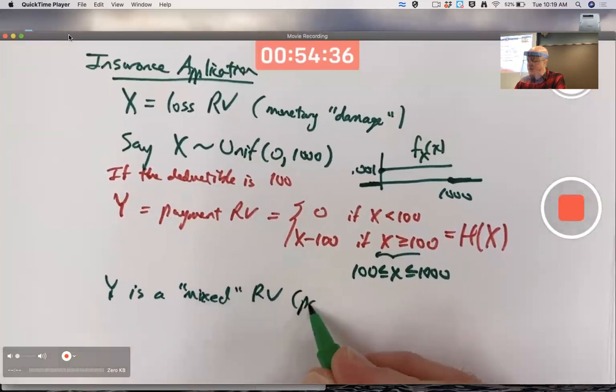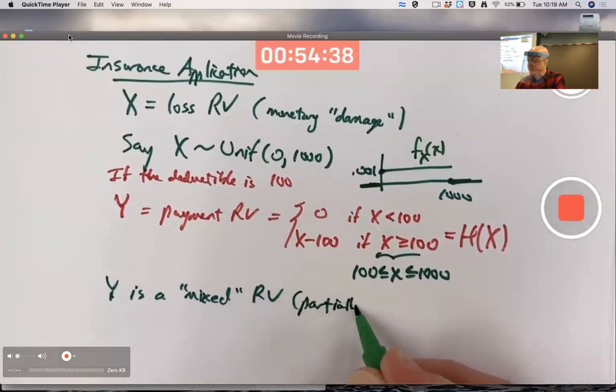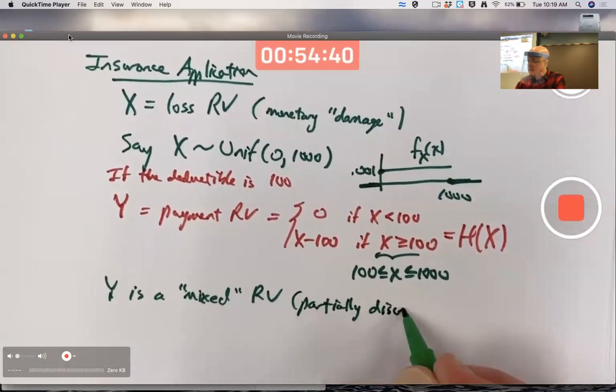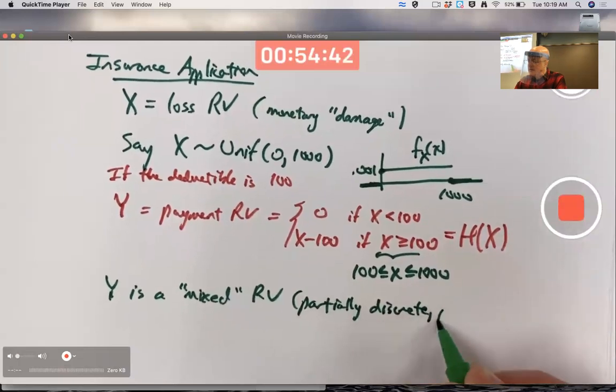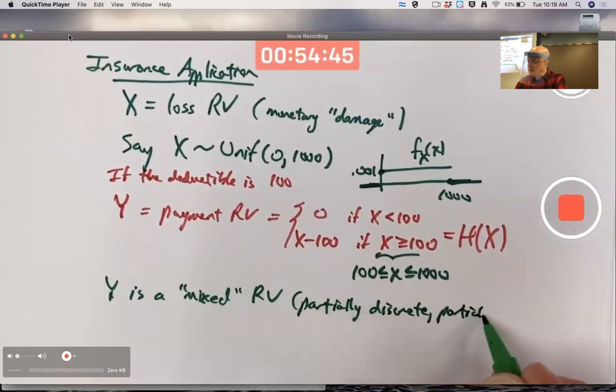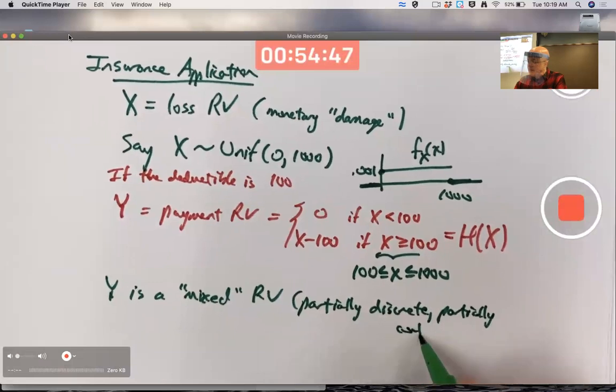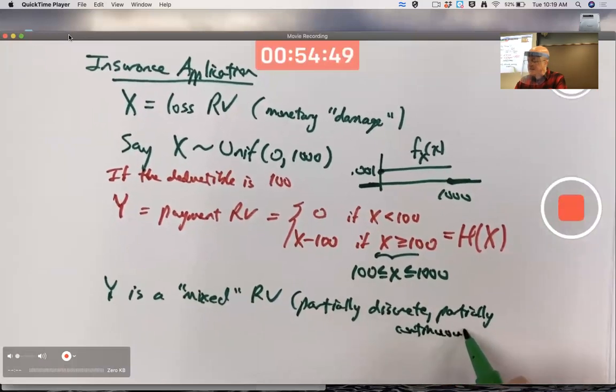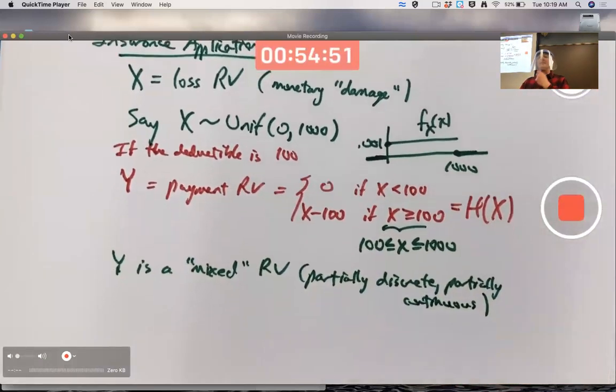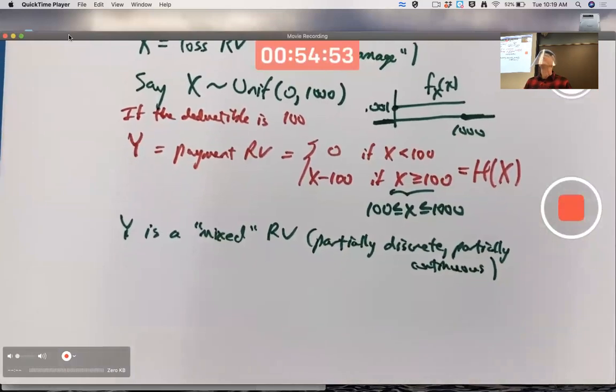Partially discrete, partially continuous. Its PDF is difficult to describe. And in fact, I think I mostly want to just avoid describing its PDF. Its CDF is describable, but a little strange.